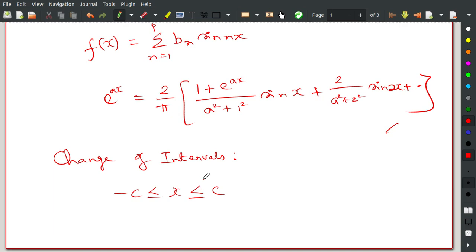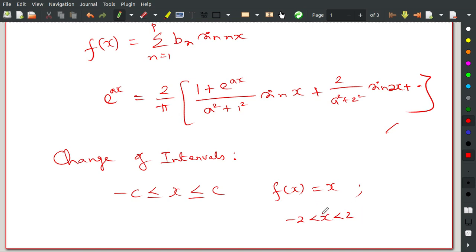For example, they can ask you to find the Fourier series of the function f of x equals x in the range minus 2 less than x less than 2. They ask to find the Fourier series in this range.